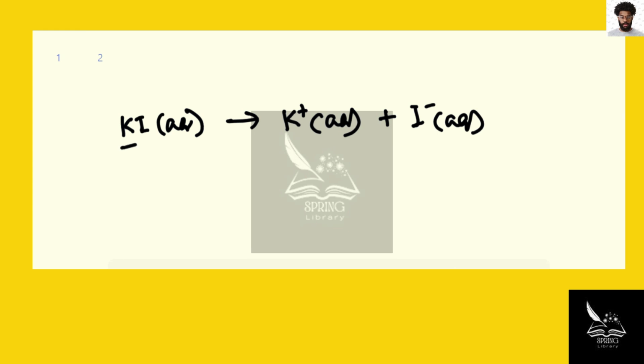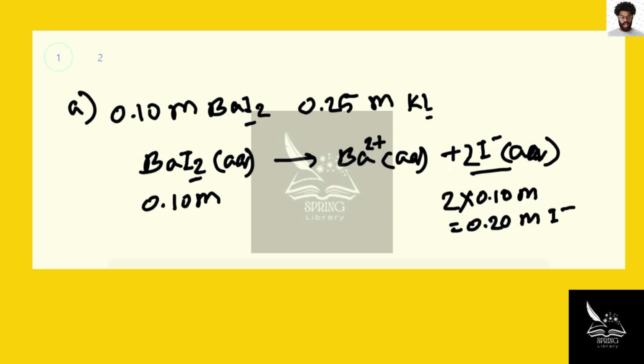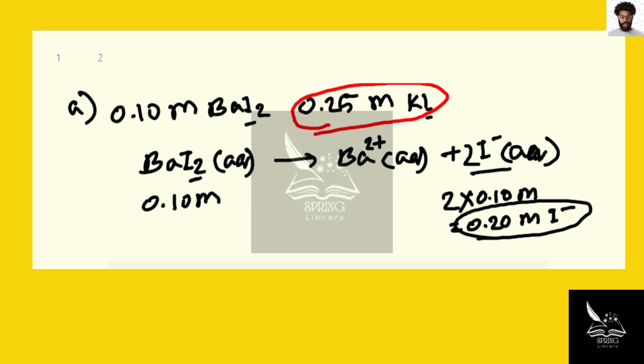That means here from 1 KI we will have 1 iodide ion. That means if the KI concentration is 0.25 molar, then the iodide concentration will also be 0.25 molar. So here we can see that the iodide concentration which is produced from KI is greater than the iodide concentration which is produced from BaI2. That means in the first one, 0.25 molar KI will have higher concentration of iodide.